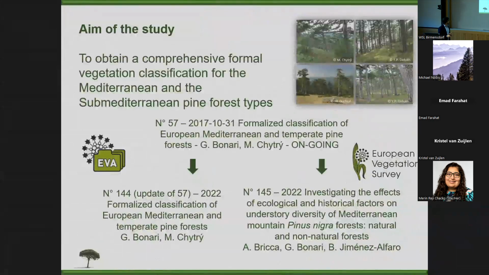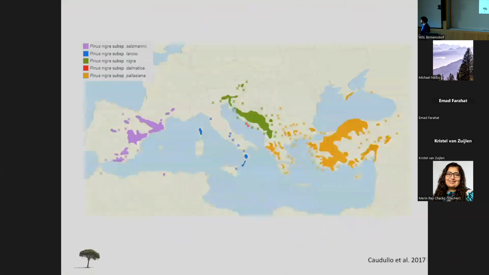We are running actually two projects on this, on the mountain pine forest. One is classification, so what has been done for, let's say, thermo and meso-Mediterranean pine forest will be repeated for Pinus nigra, but also we are interested in plantations, because they are quite much neglected in literature, at least with respect to the biodiversity part.